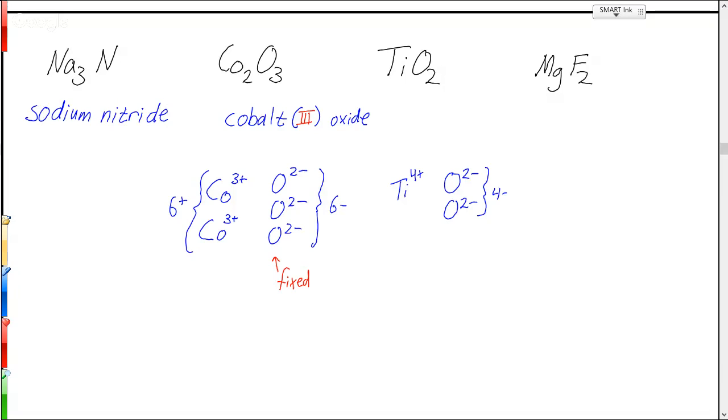So that works. The compound has to balance out overall. So if we've got each oxygen at -2, titanium has to be +4 to balance that out. So that gives this name, titanium 4 oxide.